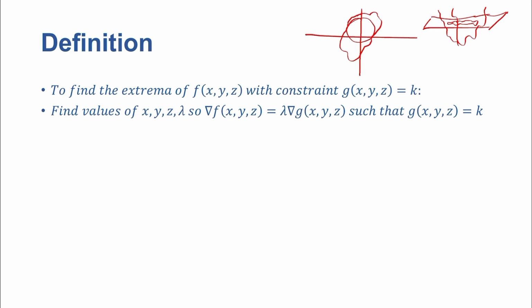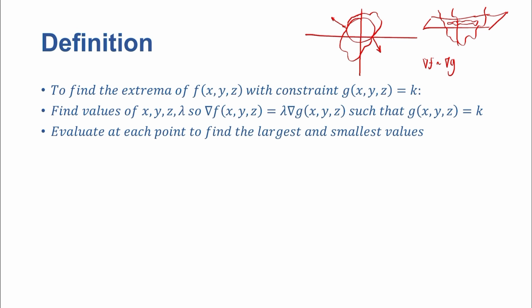And what we want to find are these points where our gradients, which are normal to both functions, are the same. So that means that the gradient of f is going to be proportional to the gradient of g, right?